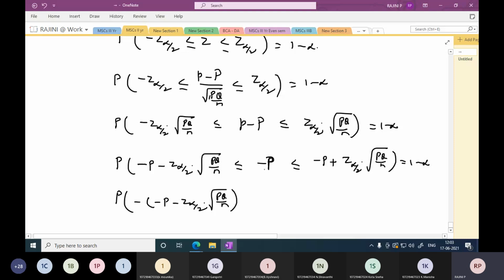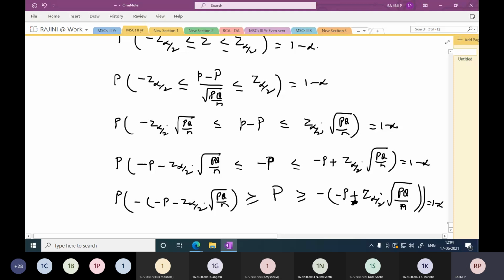So less than or equal to will convert into greater than or equal to. So minus 1 into minus plus capital P greater than or equal to minus of minus p plus Z alpha by 2 under root PQ by N, which is equal to 1 minus alpha.